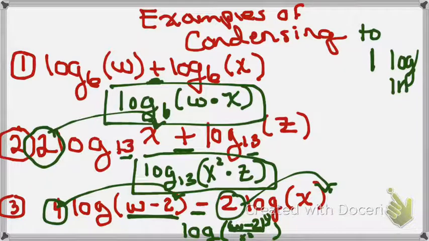Parentheses on top, w minus 2 to the 4th power, all over x squared. Do not put the 4 on the outside. It's just a part of this argument. Those are some examples of condensing.